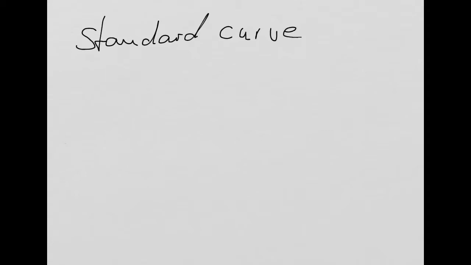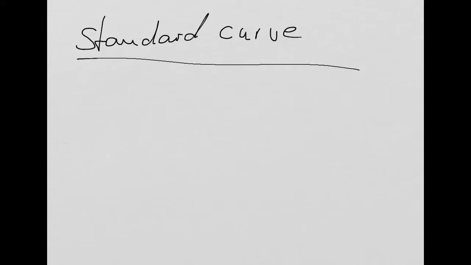A standard curve. You probably have heard about that in the previous session. Now this is exactly the Beer-Lambert law, but without the epsilon in it. And all you need to do really is make known concentrations and measure the absorbance, and actually you can calculate your epsilon from it, if you want to. You don't have to do it.